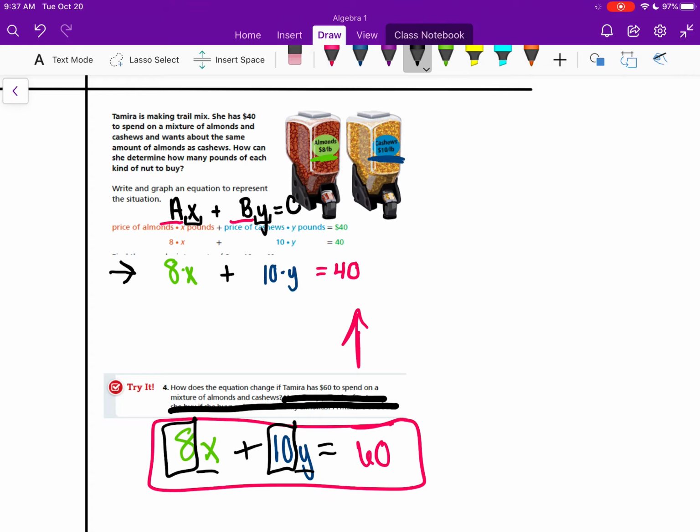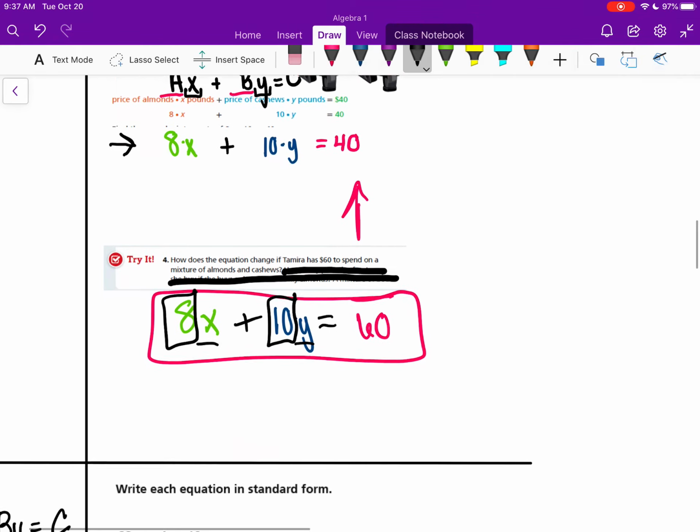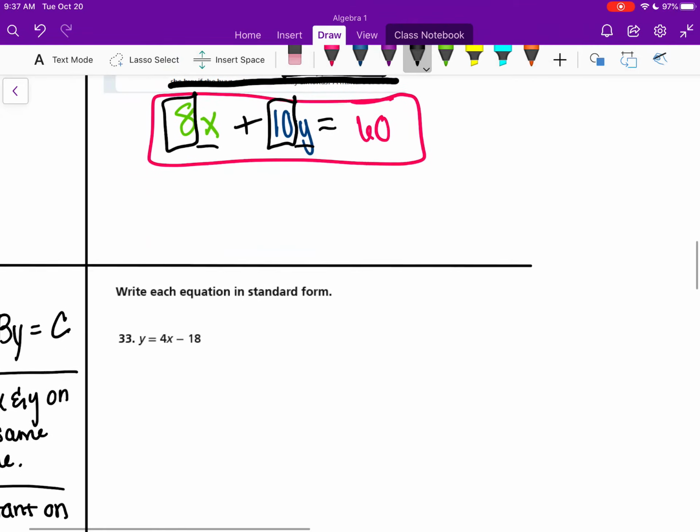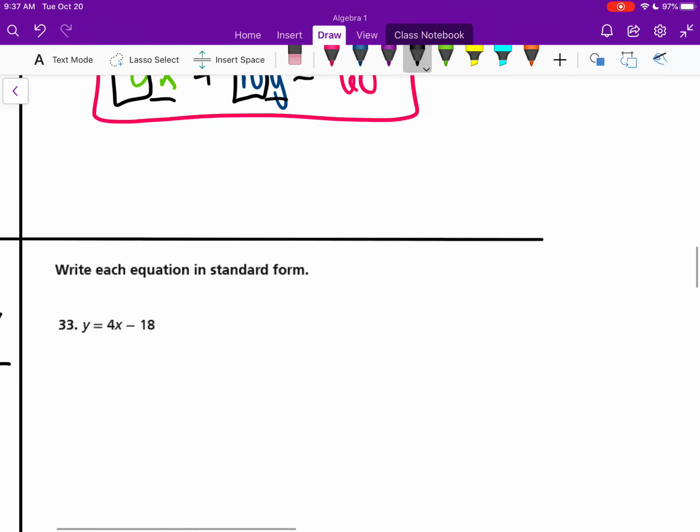The last example we're going to do for this section is actually in the practice and problem solving. It's number 33, and it tells you to write each equation in standard form. So first, let's look at the equation that is number 33. It's y equals 4x minus 18. What format is that? Well, if it's a y equals by itself, it's in slope-intercept form.